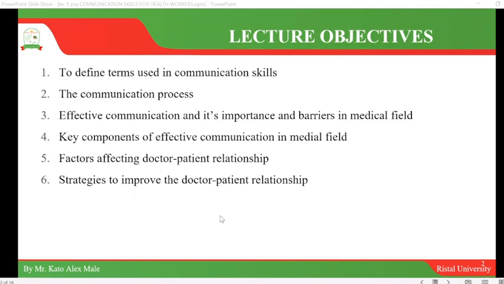One, to define terms used in communication skills. Two, to discuss the communication process. Three, effective communication and its importance and barriers in the medical field. Four, key components of effective communication. Factors affecting the doctor-patient relationship, and then strategies to improve the doctor-patient relationship. Those are the objectives we want to achieve today.